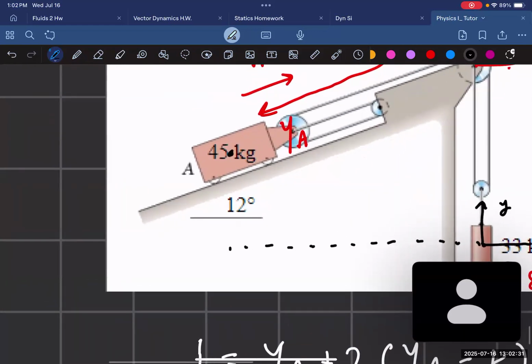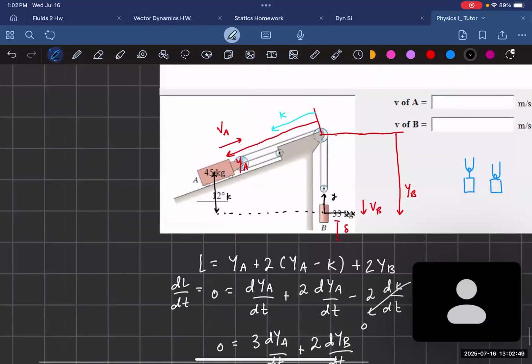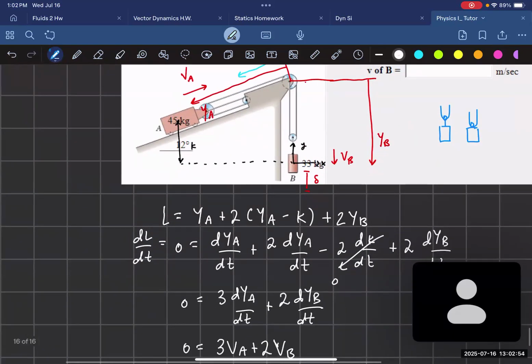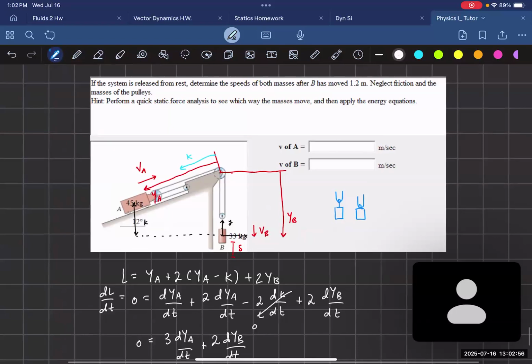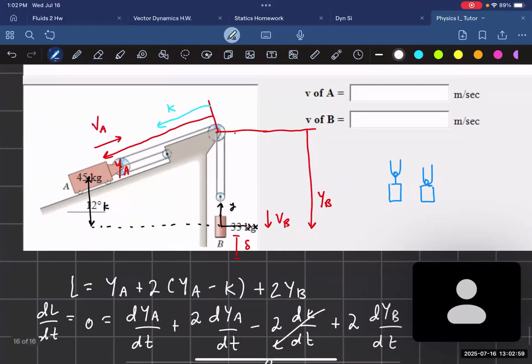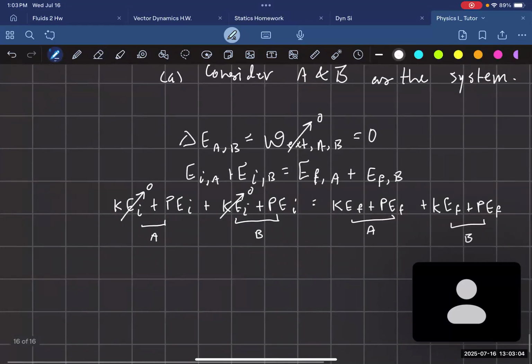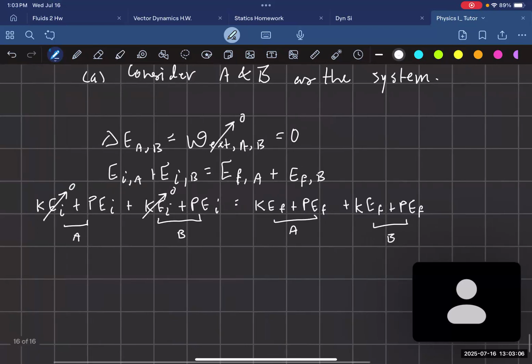These are point-like objects, so you just need a point on the box. We're going to call this distance K, and mathematically it's going to cancel out, as you'll see. If you set the coordinate at the initial state of B, then the potential energy initial of B is going to go to zero.